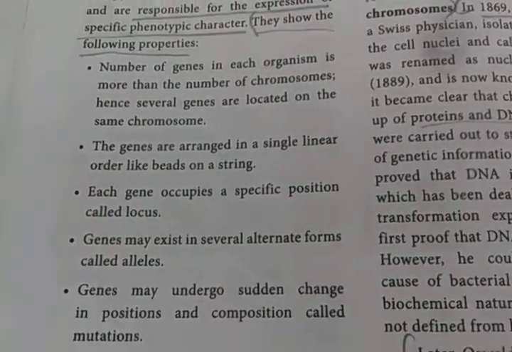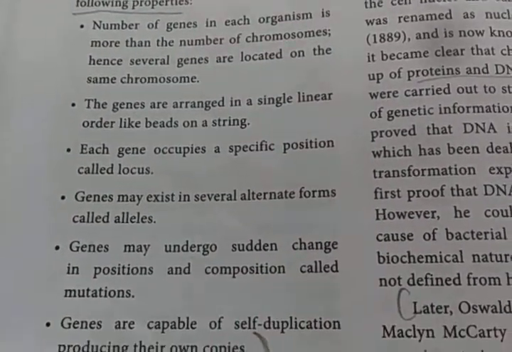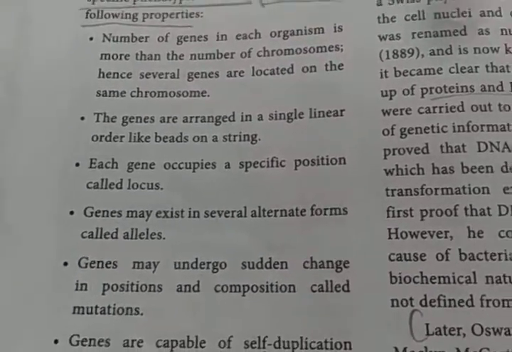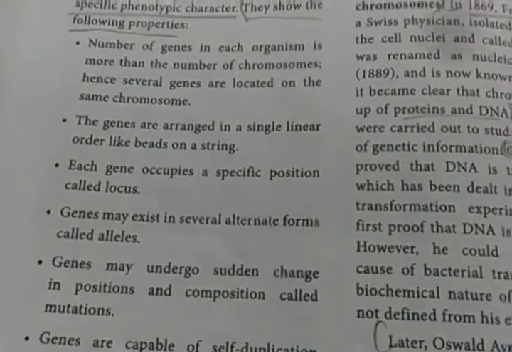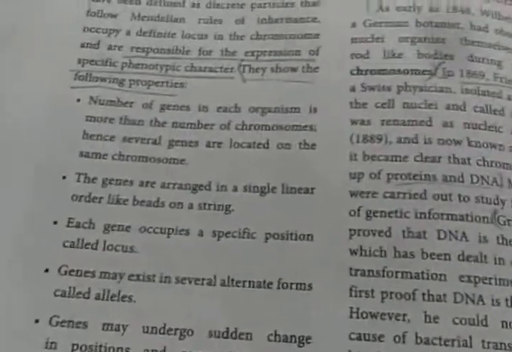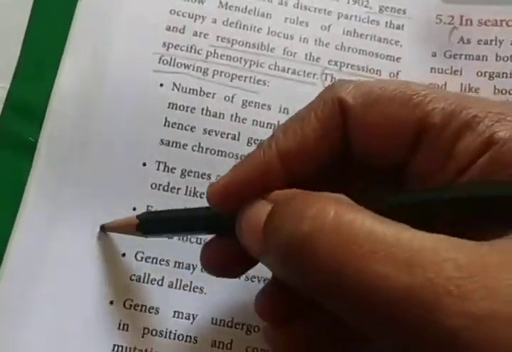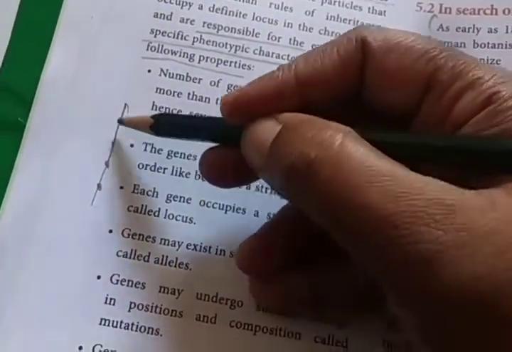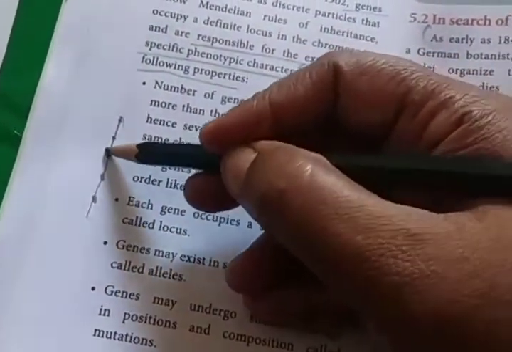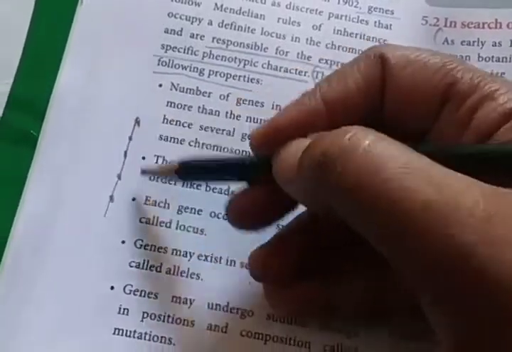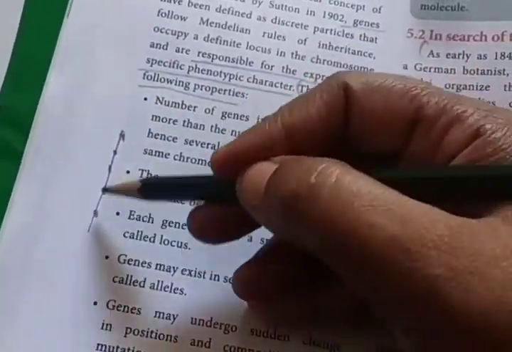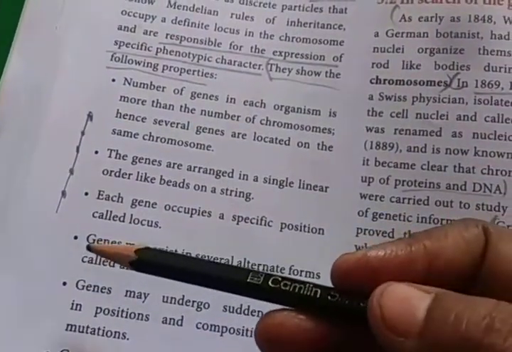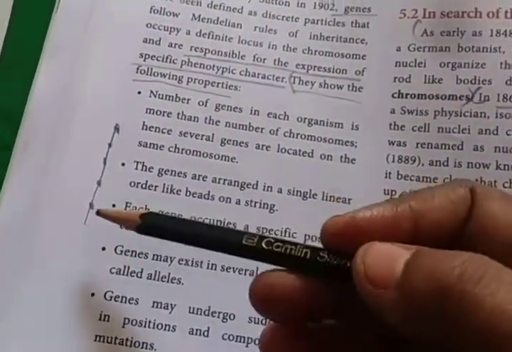A number of genes are located on a single chromosome. Then the genes are arranged in a single linear order like beads on a string. So what is the meaning of that? A string is straight, that is linear. Just like beads attached on a ring or string, the genes are present in the same way. Each gene occupies a specific position called a locus. Each gene is at its own position.